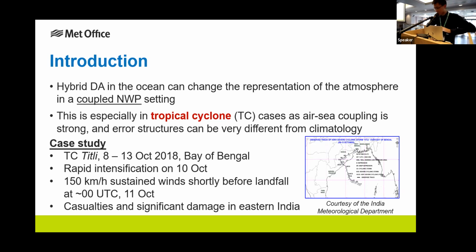So this will be a case study of a tropical cyclone called Titli, which was active in the Indian Ocean in 2018, and it experienced some rapid intensification the day before it had landfall in the eastern part of India, which you can see on the map, and the winds were quite strong, and unfortunately it claimed quite a few lives.